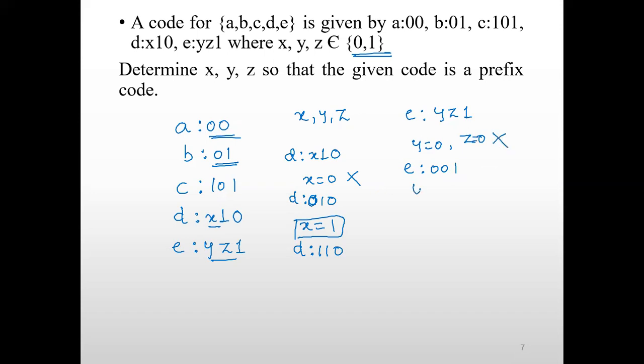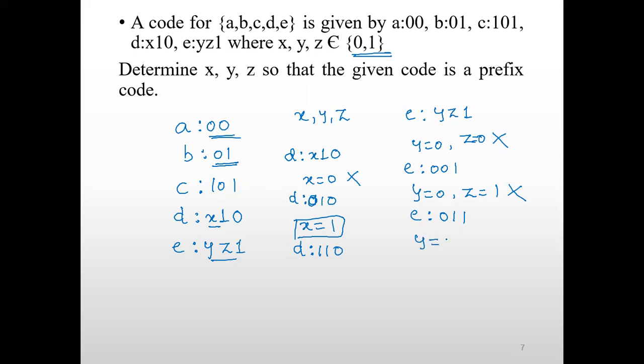Next, if we consider Y equal to 0 and Z equal to 1, then E becomes 011, and B, which is 01, becomes a prefix for E, hence we can't consider this case either.